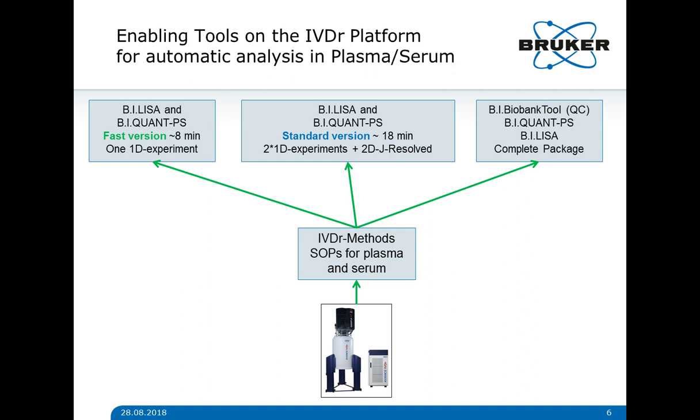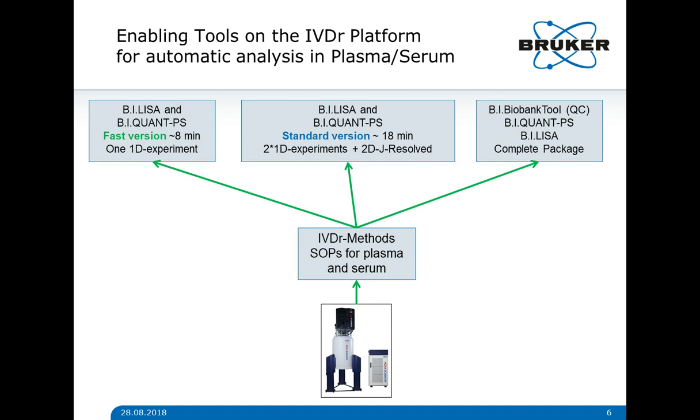Now, starting with an explanation of what the enabling tools are: if we look, for example, at the SOPs for serum and plasma, when that is used, then we can deliver the quantification of, for example, BI-LISA, our lipoprotein subclass analysis, and the quantification of small molecules.